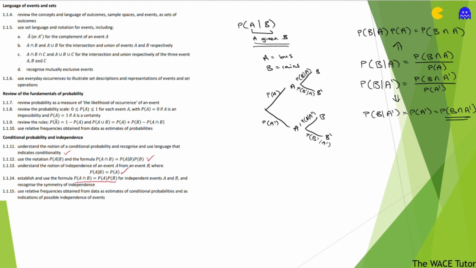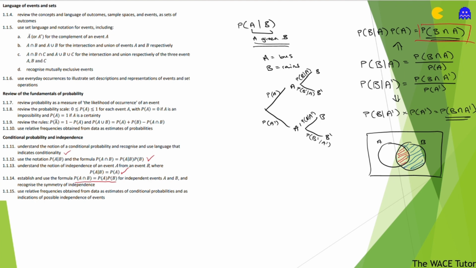Let's take a look at what these two represent in a Venn diagram. I'll put this one in red. B intersect A represents this section here. What about B intersection not A? That is everything outside of A and within B. So here.